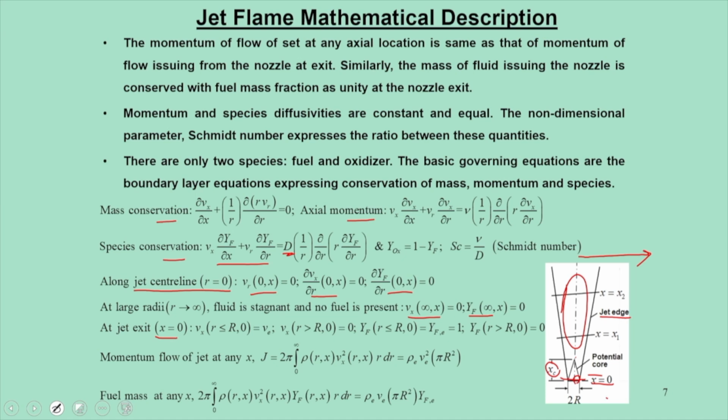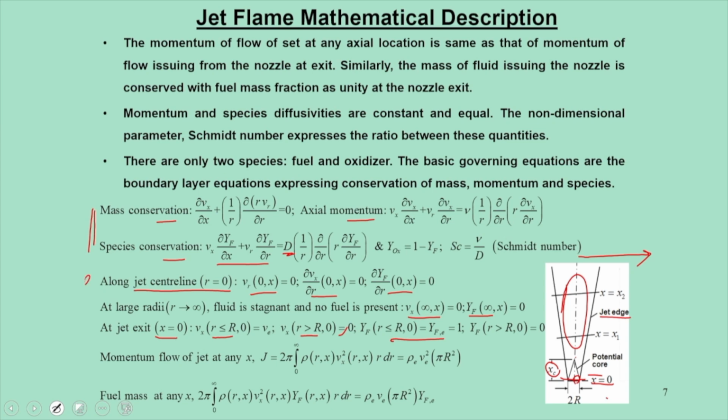There, r is less than or equal to the nozzle radius, and r can also be greater than that. For r greater than the nozzle radius the value stands as 0, but otherwise it all depends on what the fuel mass fraction is at that location. So with these boundary conditions, these are the main governing equations.